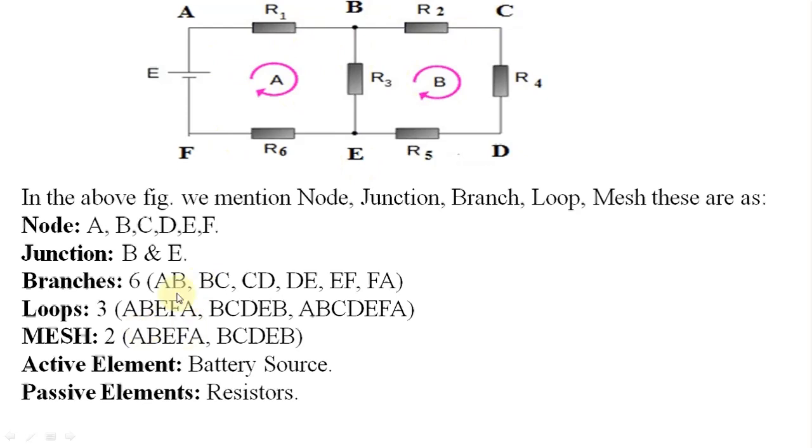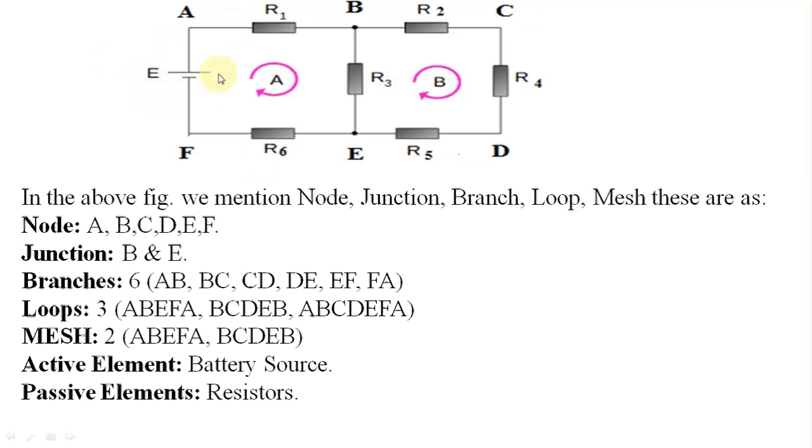Okay, so next we have active element. In this circuit, what are our active elements? First, how do we define an active element? Active elements are those elements which give energy to the whole circuit. In this circuit, the supply is given to the whole circuit with the help of a battery source, which is represented by E. So the active element of the whole circuit is the battery.